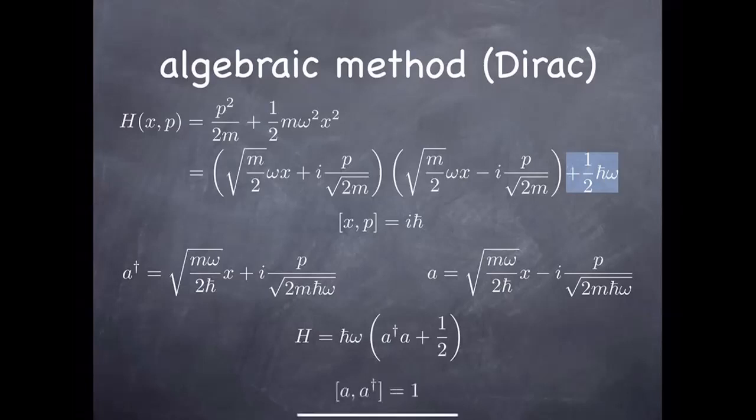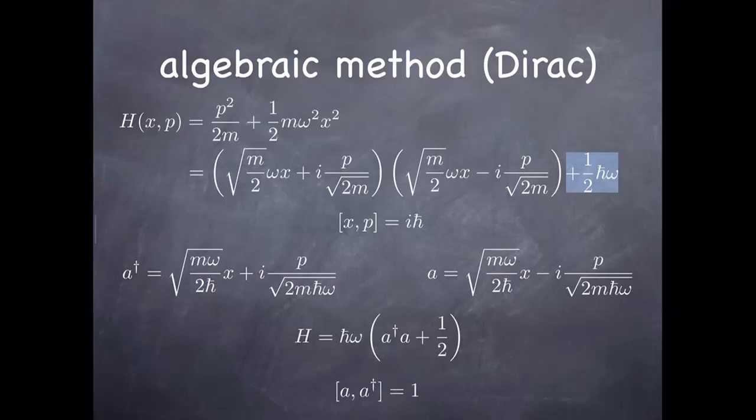Also, one thing we need to derive about the properties of a and a dagger is this commutation relation between them. By knowing the x and p commutation relation, that the commutator of x and p is i h bar, you can easily work out what the commutator between a and a dagger is. And that turns out to be simply 1. So again, you have all seen this.